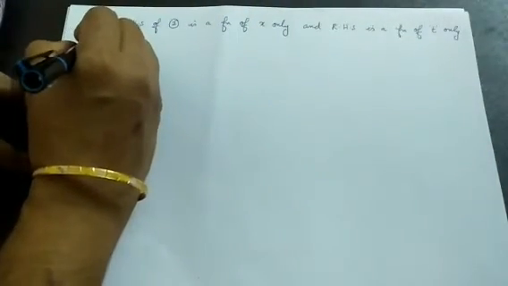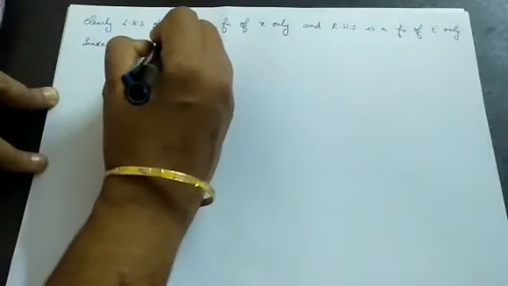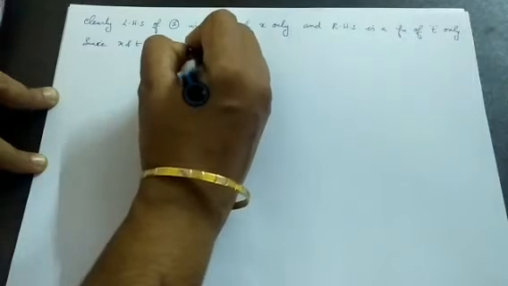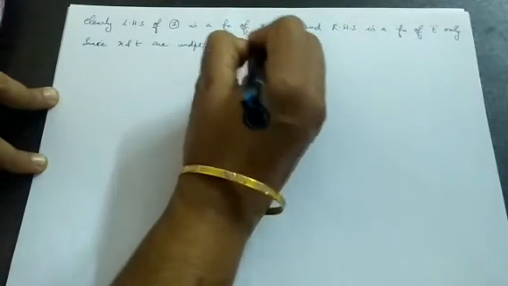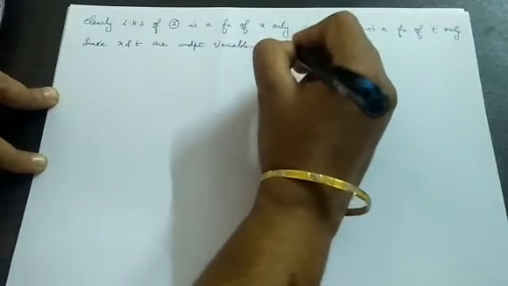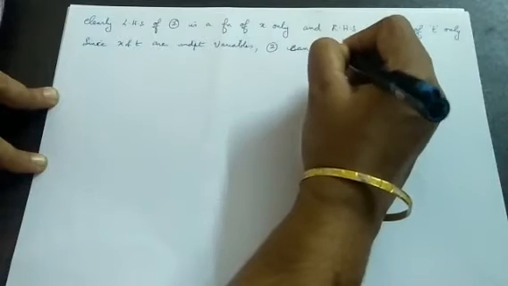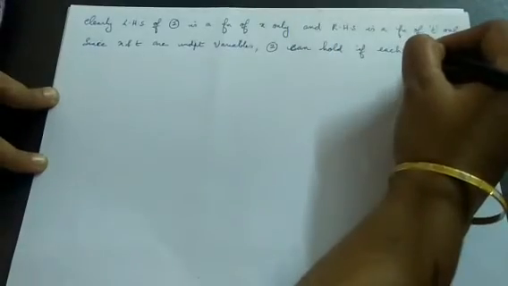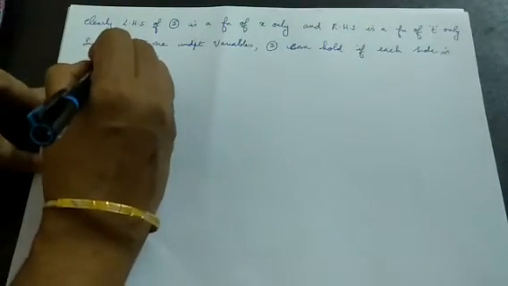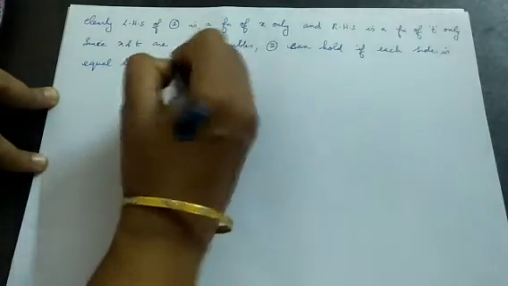Since small x and small t are independent variables, equation 2 can hold if each side is equal to some constant k.